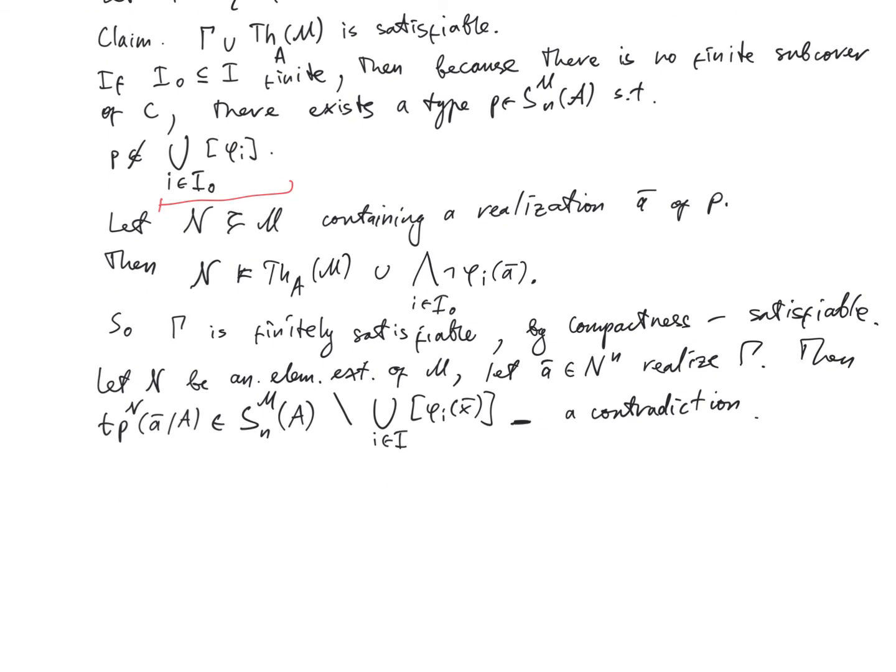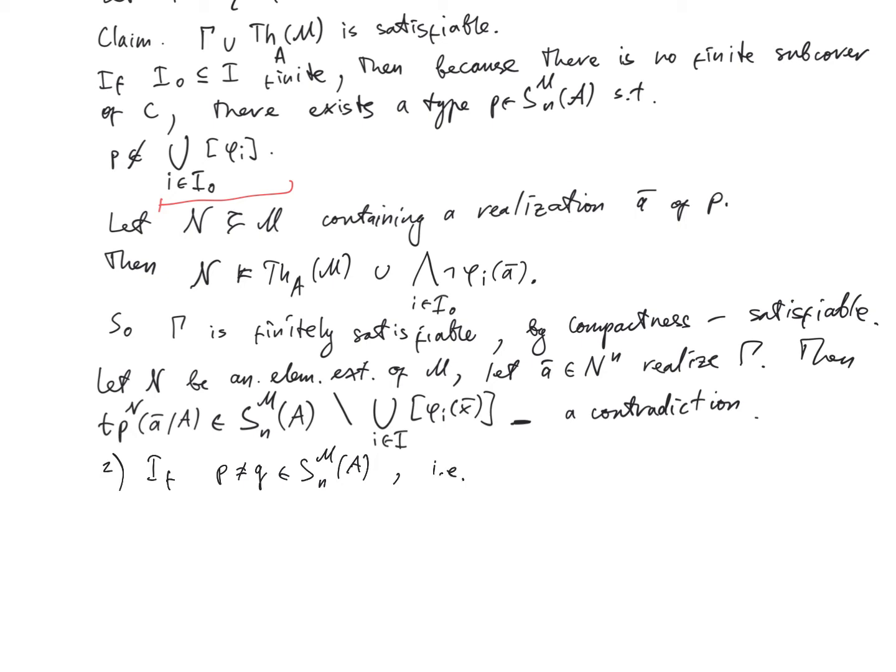And to see the second claim, that the space is totally disconnected, assume that we have two points, p and q, which are distinct, so two complete types over A. Then by definition of types, for them to be distinct, it means that they're distinct as sets of formulas.